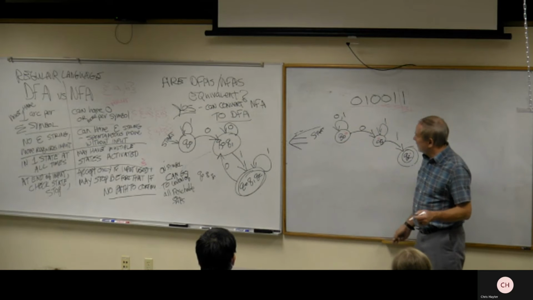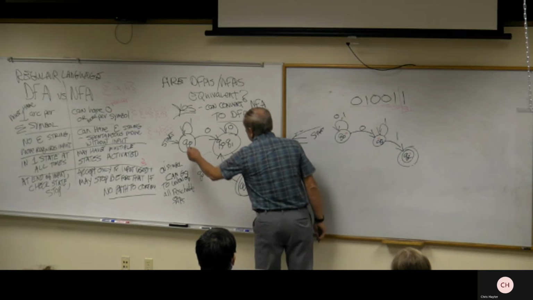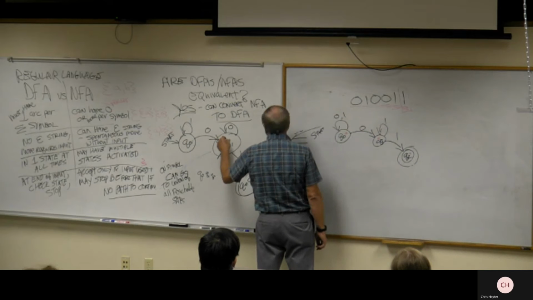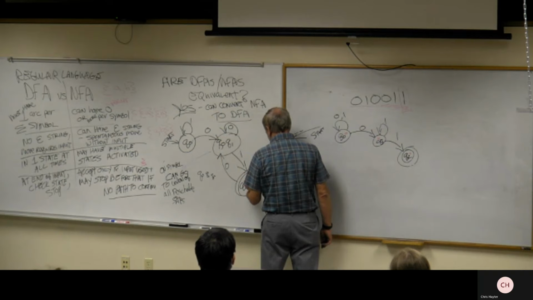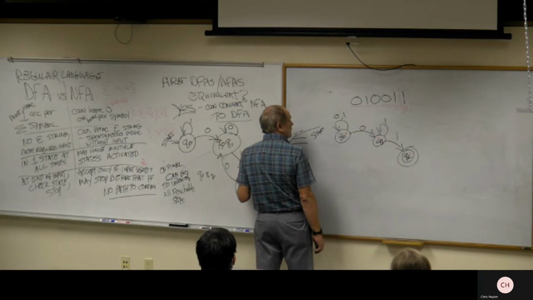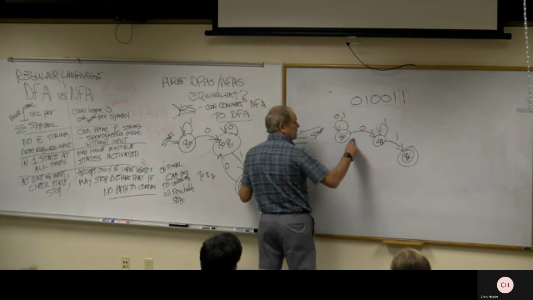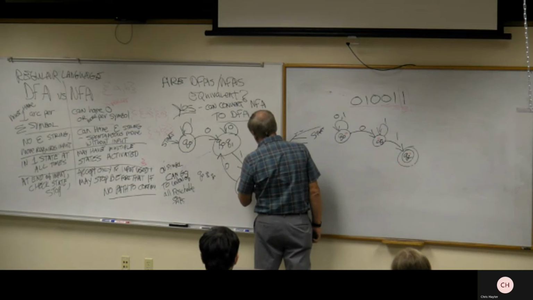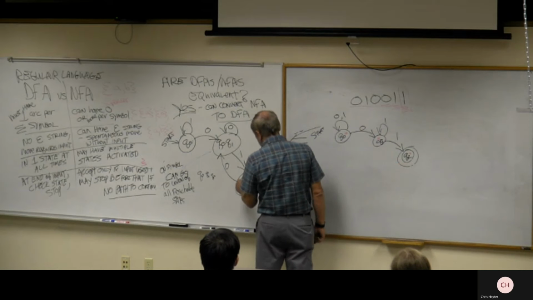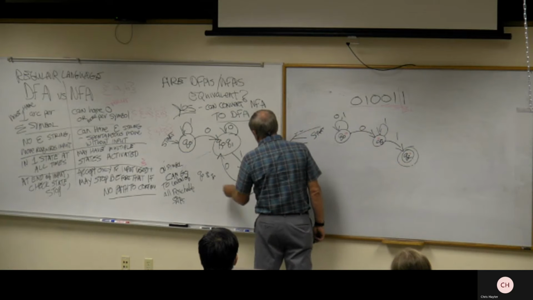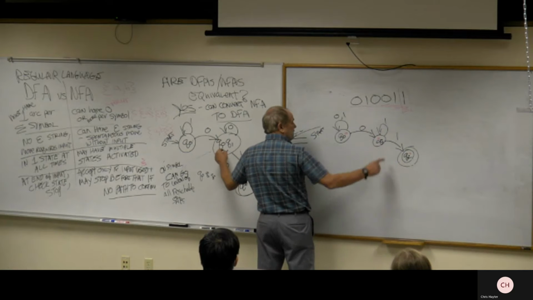Where do we go on a 0? We start here. We go 0, 1. That looks like it would accept, right? That looks like the original. Followed by a 0. Okay, that'll take us here. We have to end in a 1.